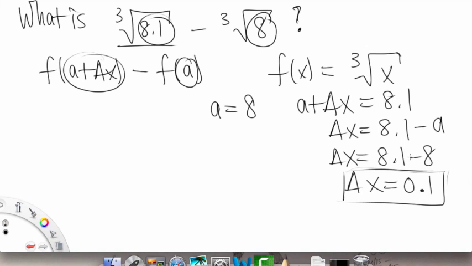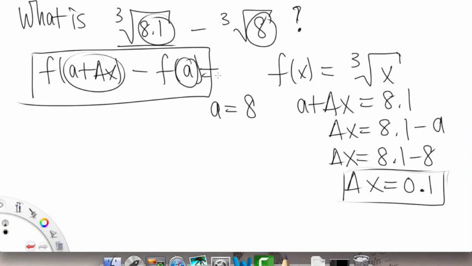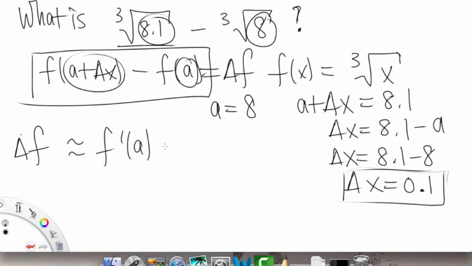Okay, so anyways, from here what we're going to do is find basically the difference. This is what we're trying to find, which is equal to our delta f, our change in f, and we know that our change in f is approximately equal to f prime of a times that delta x.